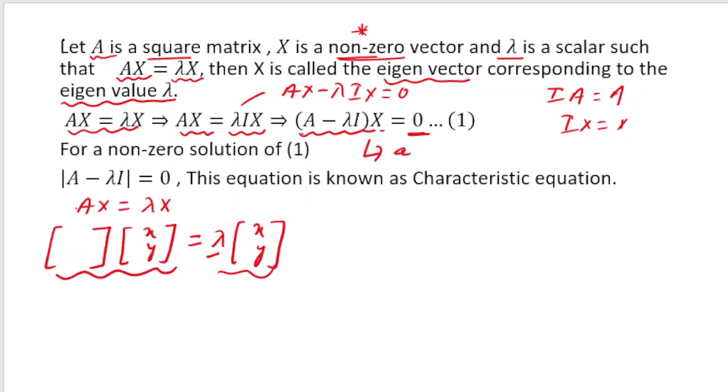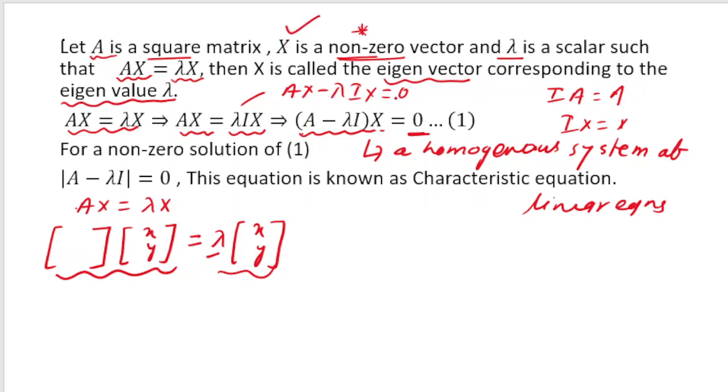It represents a homogeneous system of linear equations. I hope you can visualize that. If we have a homogeneous system of linear equations and I want x to be non-zero, meaning I want a non-zero solution, then, as I discussed in detail in my previous video, for a homogeneous system like Ax is equal to 0, to get a non-zero solution we need the determinant of A to be equal to 0, meaning the determinant of the coefficient matrix should be equal to 0.